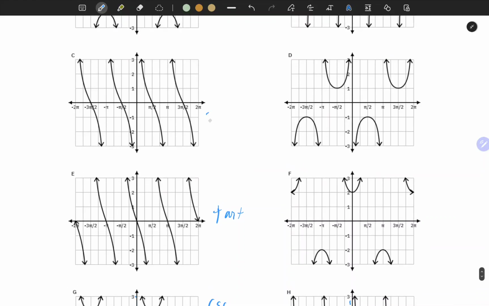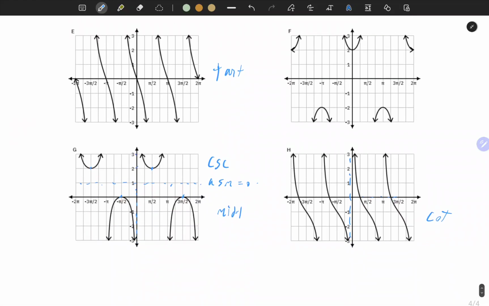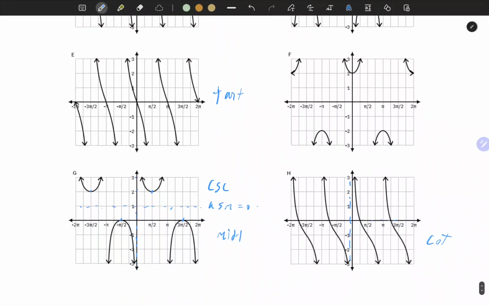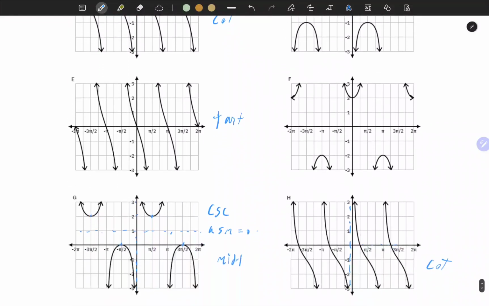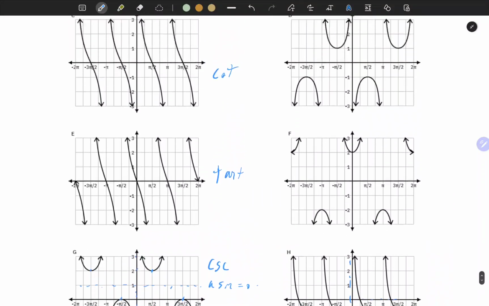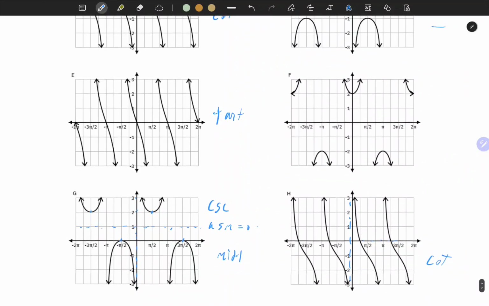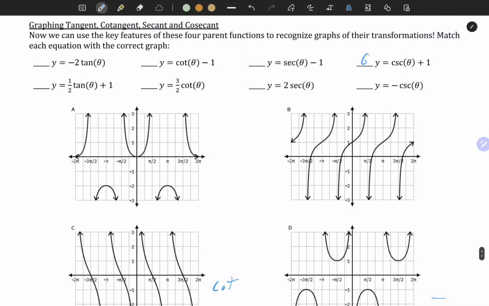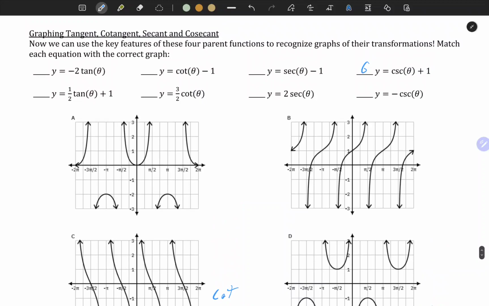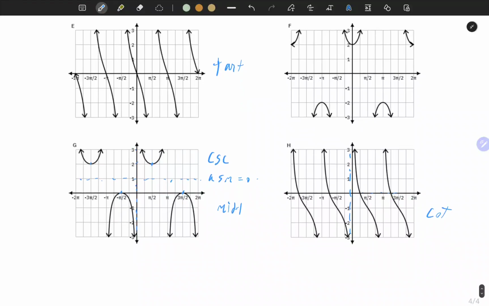And this is cotangent. And this, I think, is a negative cosecant. So D is a negative cosecant.